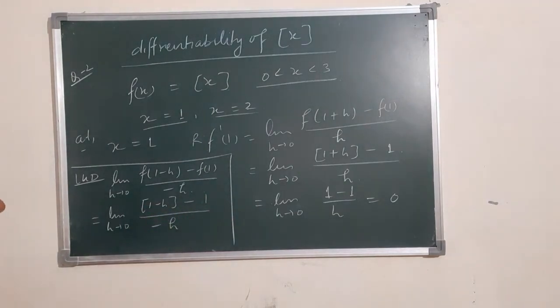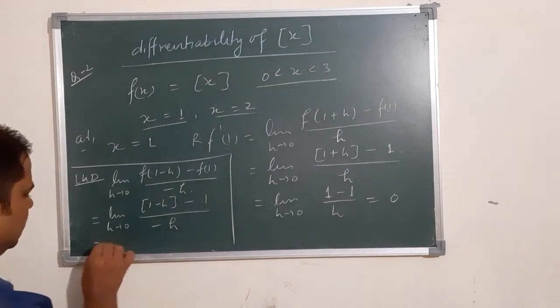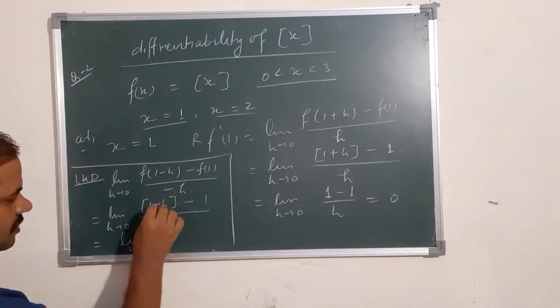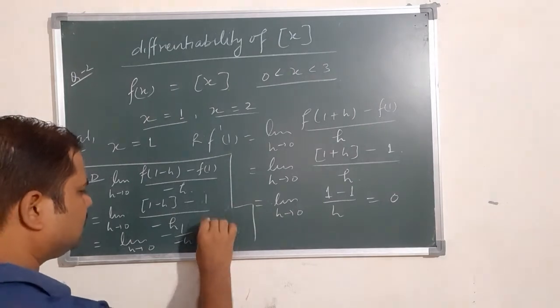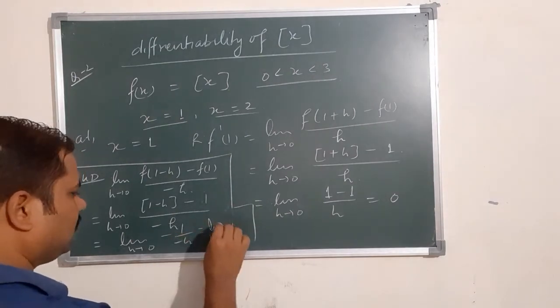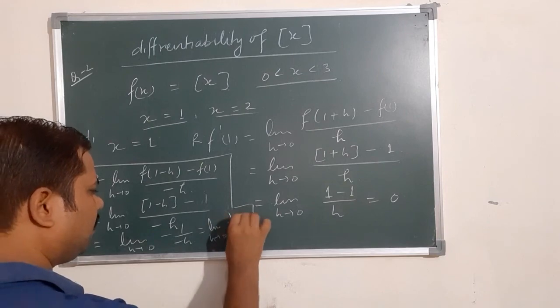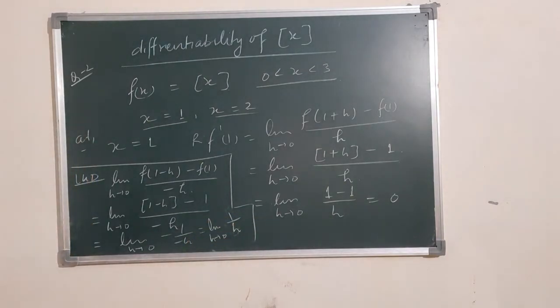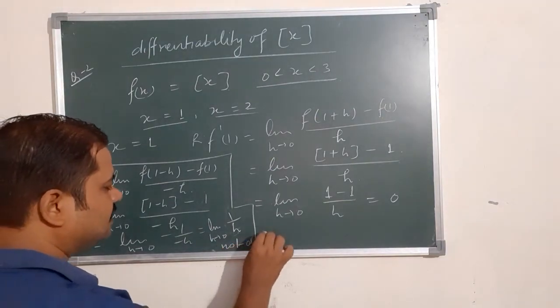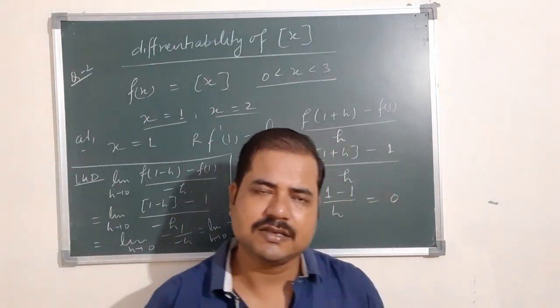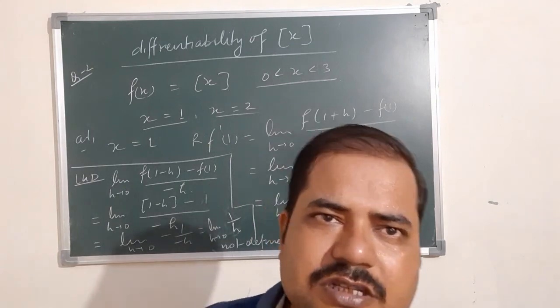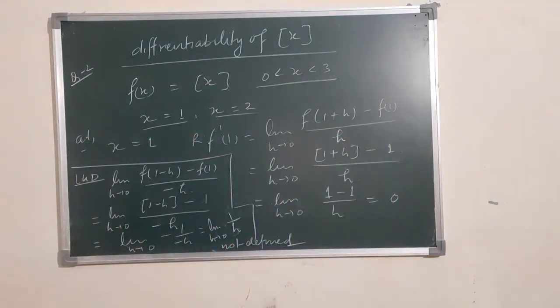Bracket of 1 minus h is 0, so this becomes 0 minus 1 upon minus h, which is 1 upon h. If you put h as 0, this is not defined, so the left-handed derivative does not exist. So this function is not differentiable at x equal to 1. Similarly, we can find for x equal to 2.